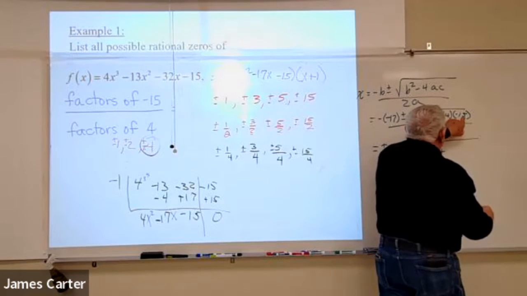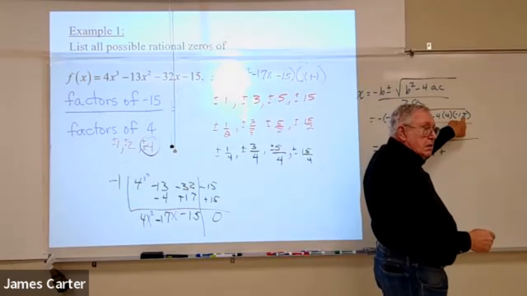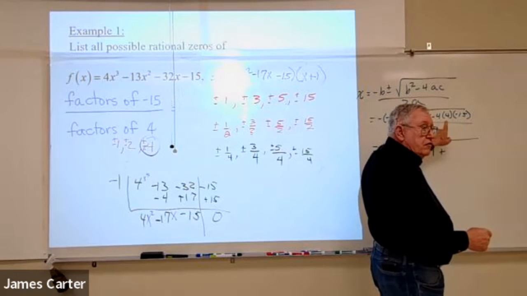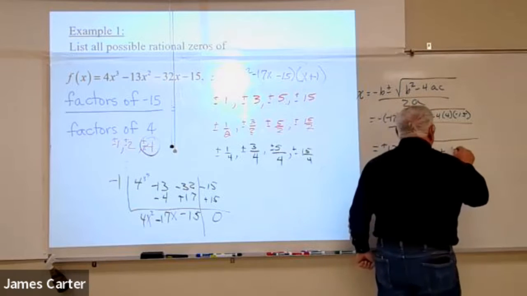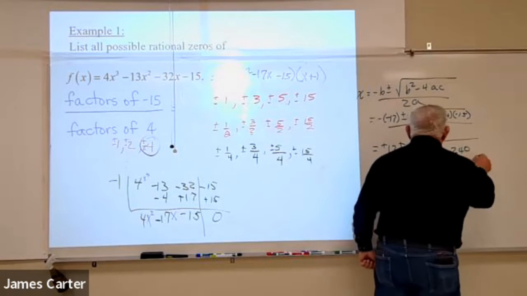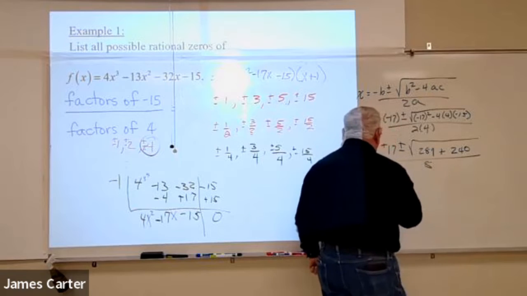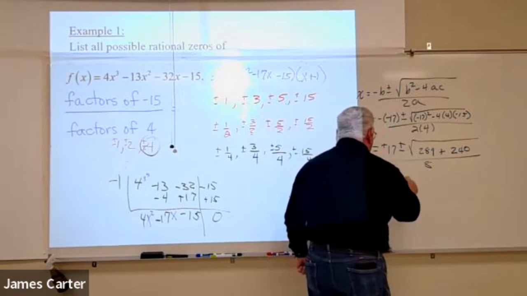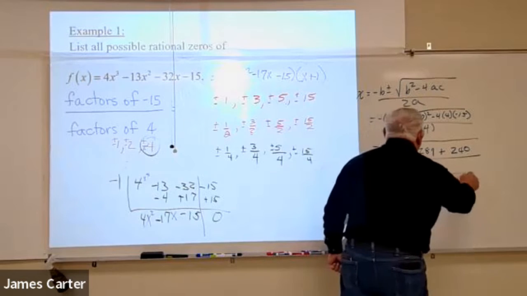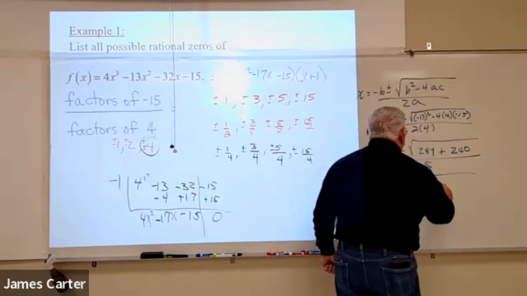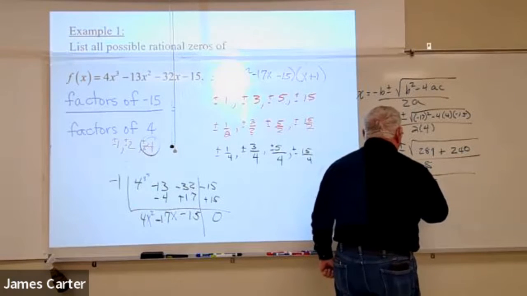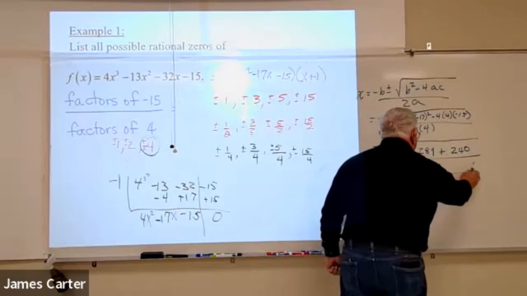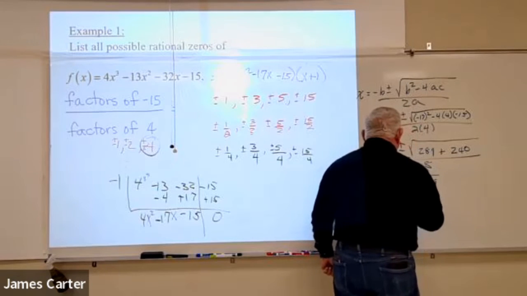Okay, 4 times 15 is 60. 60 times 4 is 240. Isn't it easier doing that than 16 times 15? So plus 240 all over 8 equals 17 plus or minus square root of 9, 8 and 4 is 12, 2 and 2 is 4, carry 1 is 5, okay, all over 8.